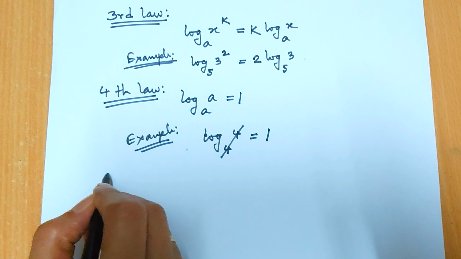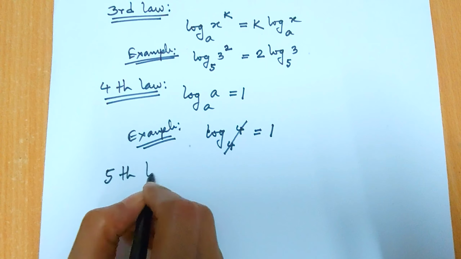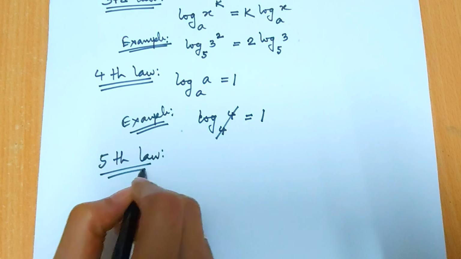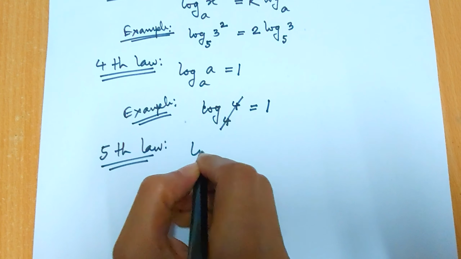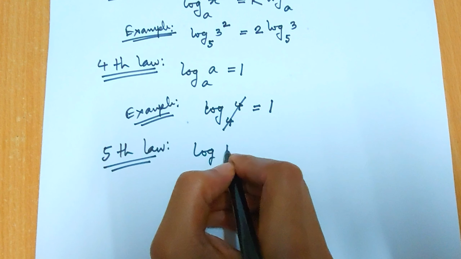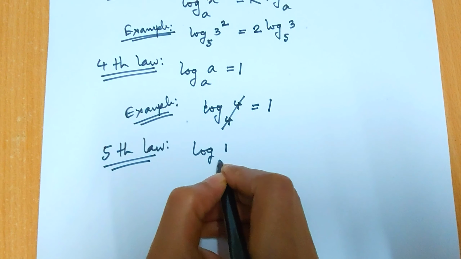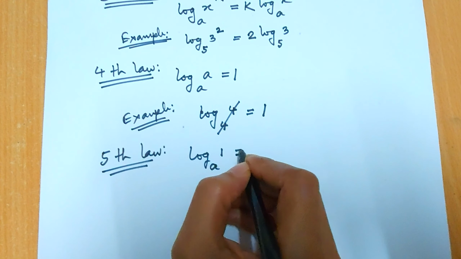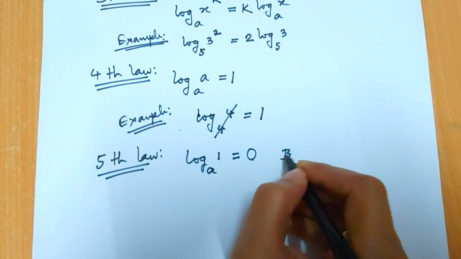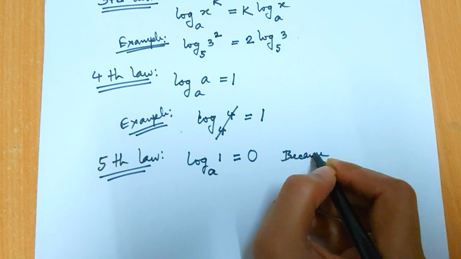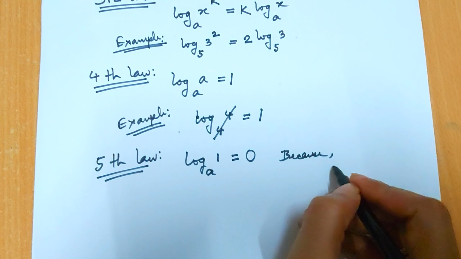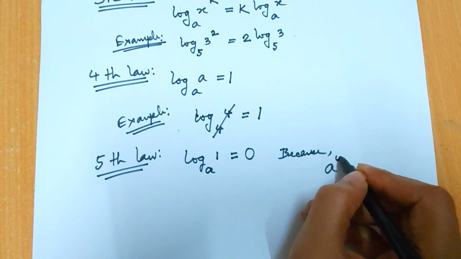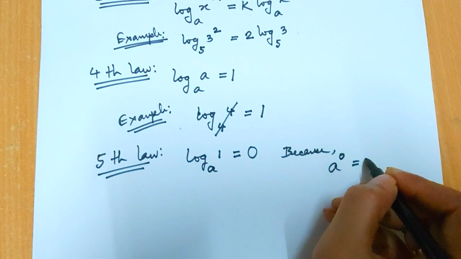Now the fifth law, another law I have to show you. Log of 1 to any base, I am writing here a, log of 1 to the base a equal to 0, because we know any base raised to power 0 equal to 1.